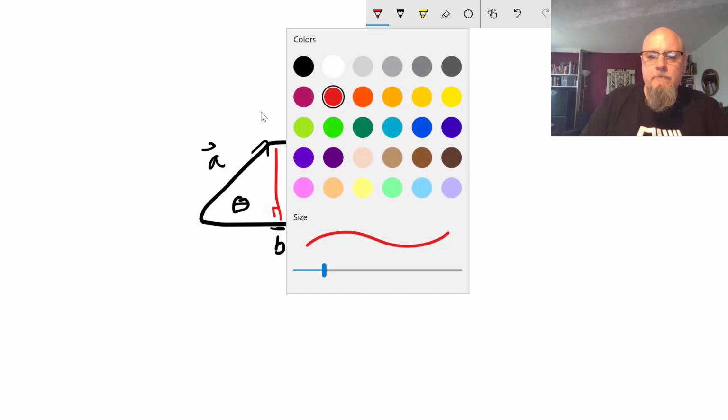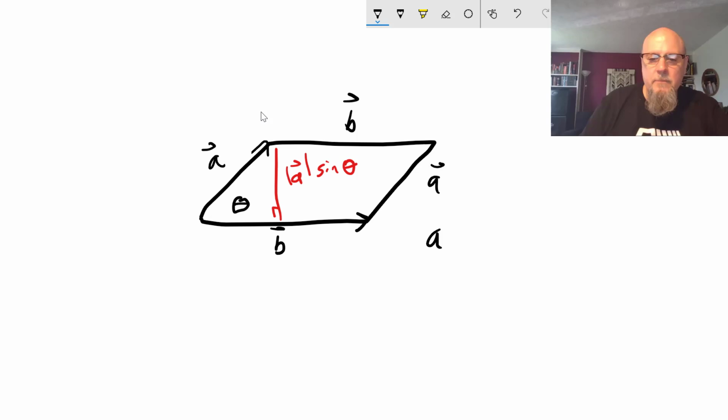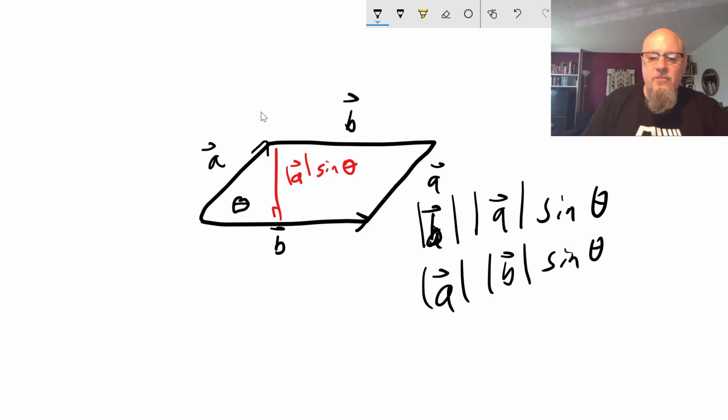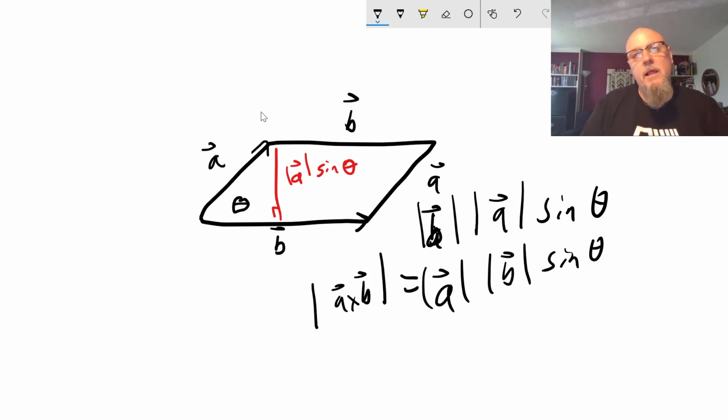So the area of the parallelogram would be this length, which would just be the magnitude of B, times the height, which would be magnitude of A sine of the angle. Let's just switch those around so that they're in the right order. That's just the magnitude of A cross B, because we just made that formula. So if I want the area of the parallelogram defined by these two vectors, I could just take their cross product and then find the magnitude of that cross product.